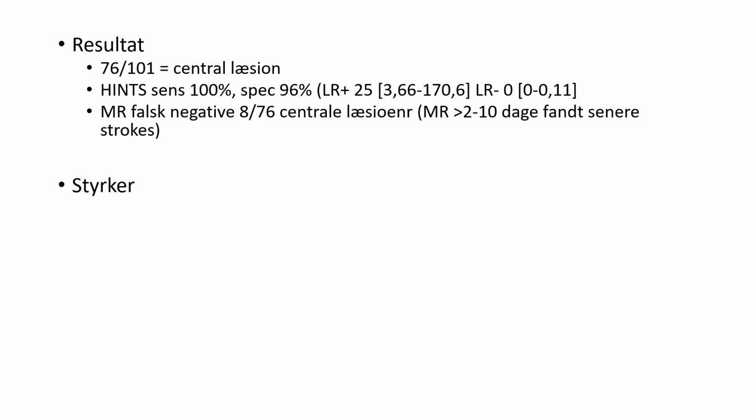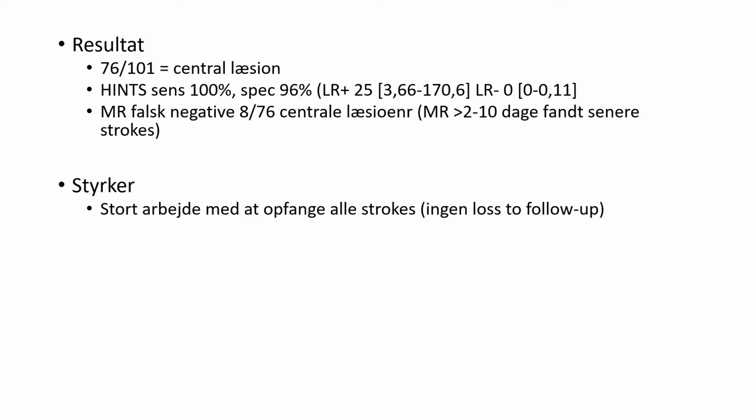There are some strengths with this study. It's a well done study, and they did a good follow up with lots of MRIs, even on the negative ones, so that we could assess that some of them might have had a missed stroke in the first place.